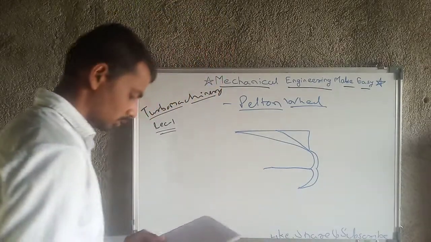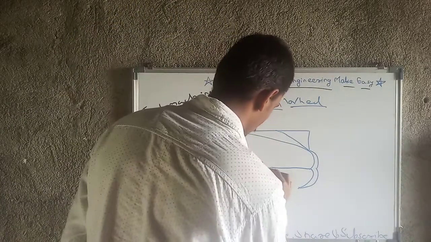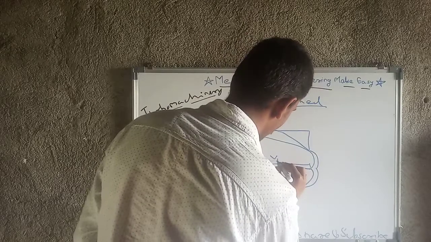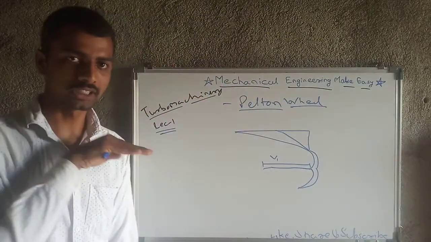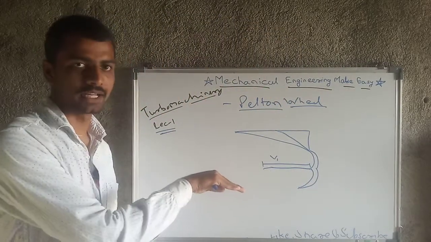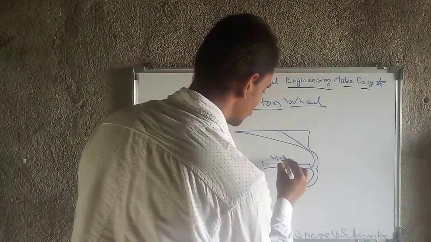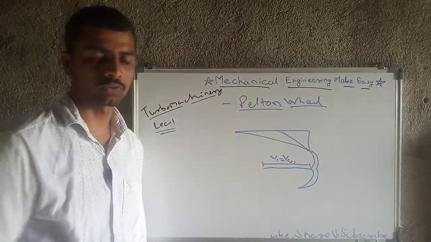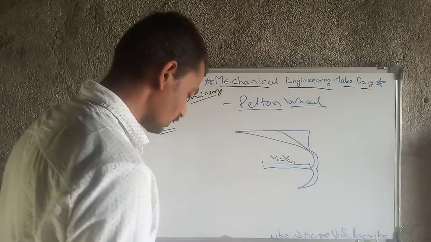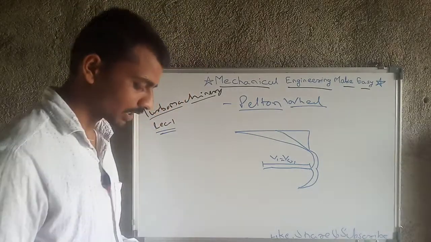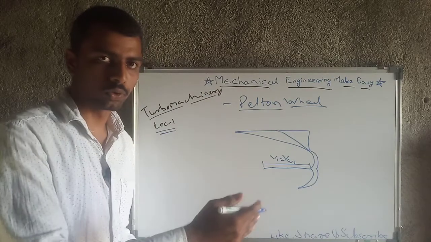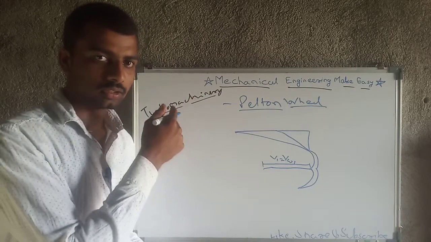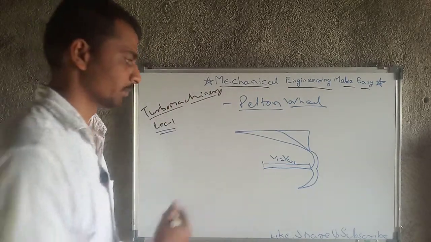So I will note all the values. This total is V1, meaning how much velocity the water is striking the blades with, which is equal to VW1. VW is nothing but the whirl component of velocity.